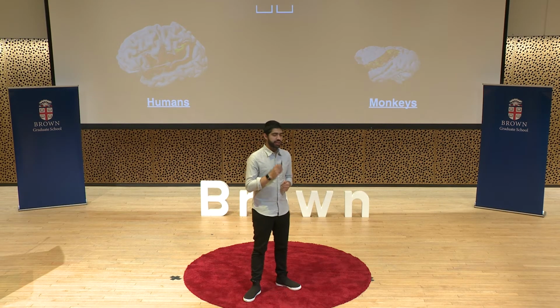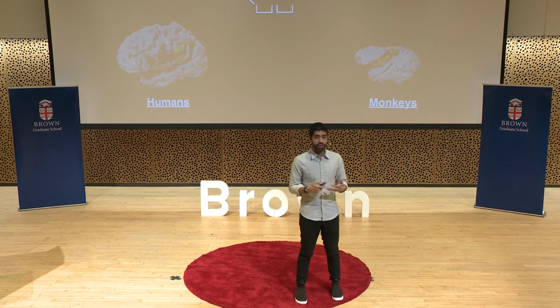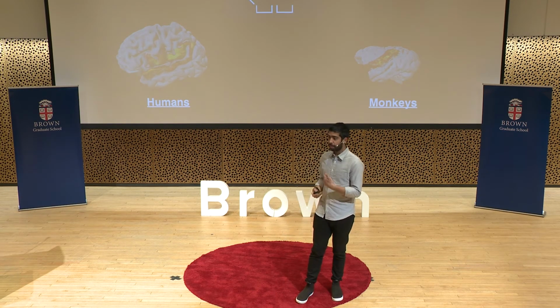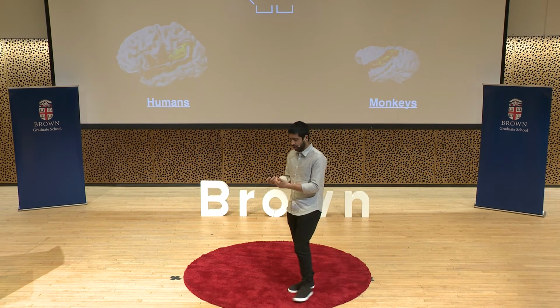And the reason that I think that is so exciting is that it essentially provides biological evidence for the fact that monkeys can envision potential futures, and it situates this cognitive ability of ours in the context of its evolutionary history.